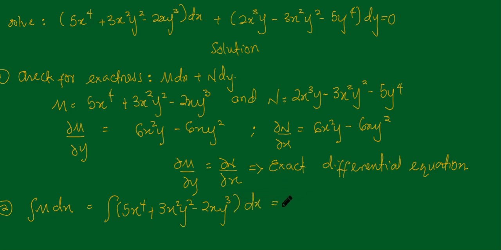Since y is a constant, we now have our result as 5x raised to the power 5 divided by 5 plus 3x raised to the power of 3 y squared divided by 3 minus 2x raised to the power of 2 y raised to the power of 3 divided by 2. This gives us x raised to the power of 5 plus x cubed y squared minus x squared y cubed. So that's step 2 sorted out.